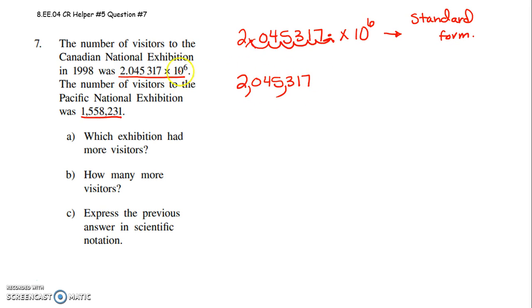So to the Canadian National Exhibition, there were 2,045,317 visitors. To the Pacific, because now that they're both in standard form we can compare them, there were 1,558,231 visitors.